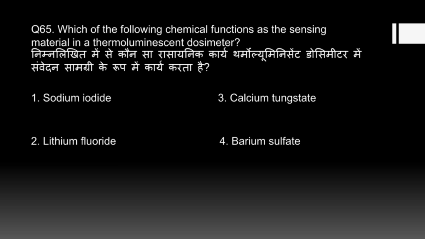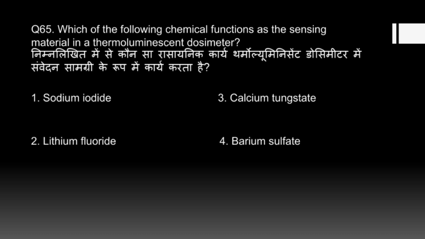Question number 65. Which of the following chemicals functions as the sensing material in a thermoluminescent dosimeter? So what is basically the sensing material in TLD? If you want to go into detail about the TLD, you can watch my video in the Red Tech official English section.